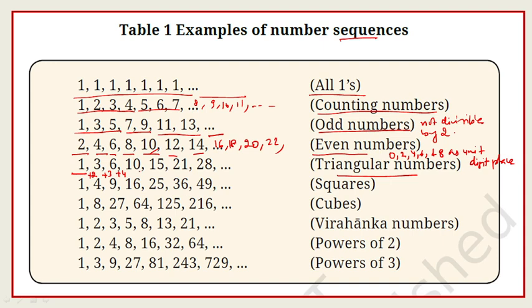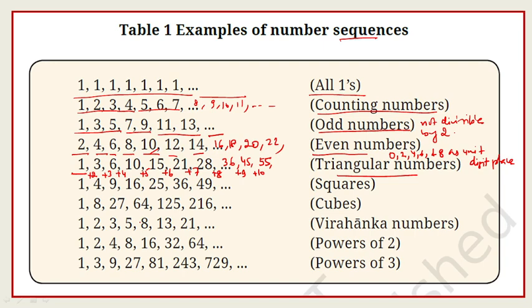So plus 4, then plus 5, plus 6, plus 7. Then 28 plus 8 makes 36. Then plus 9 becomes 45. Then again plus 10 makes 55, and so on.